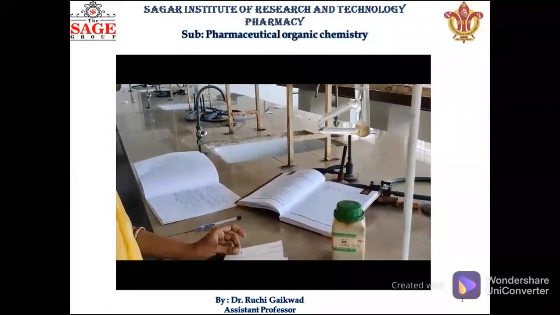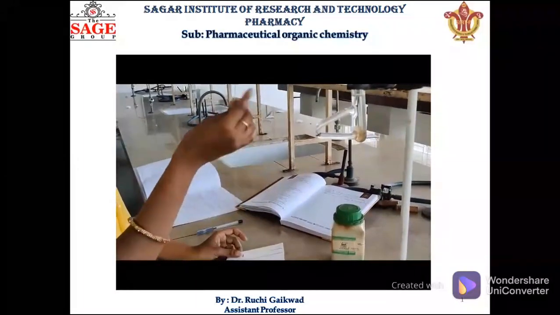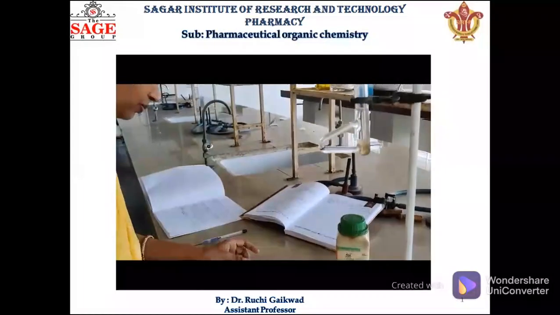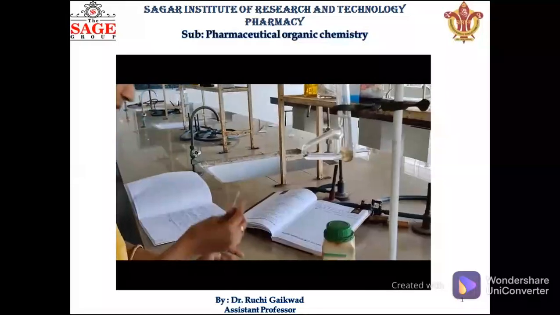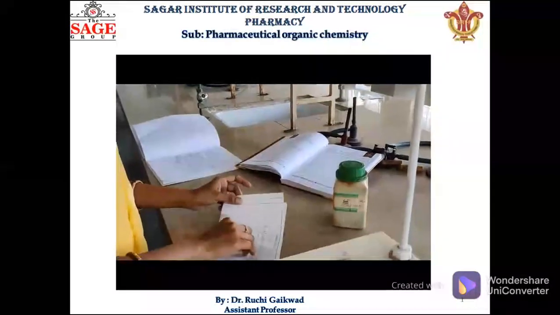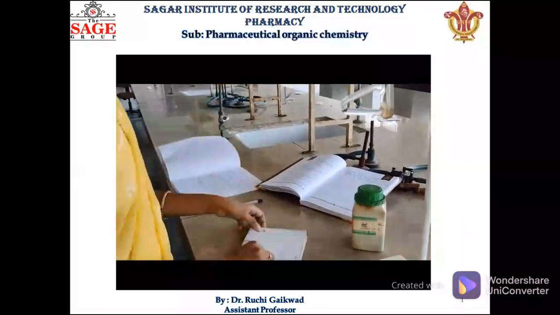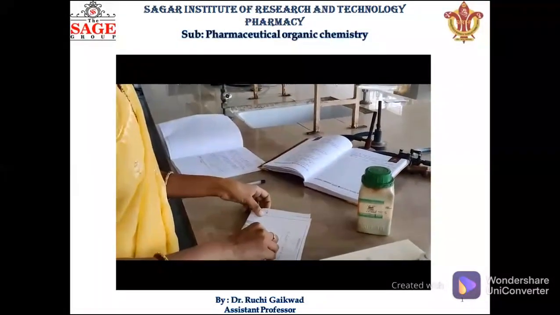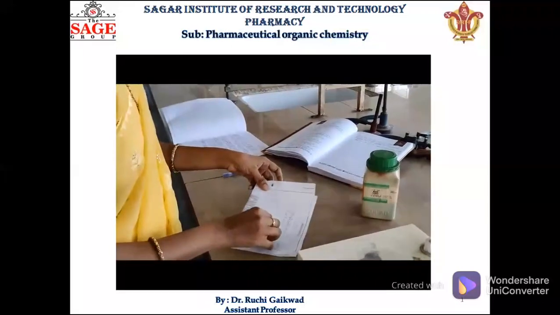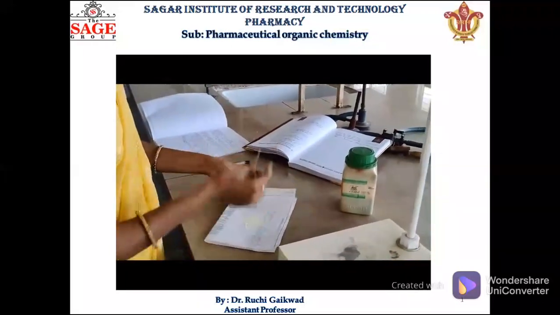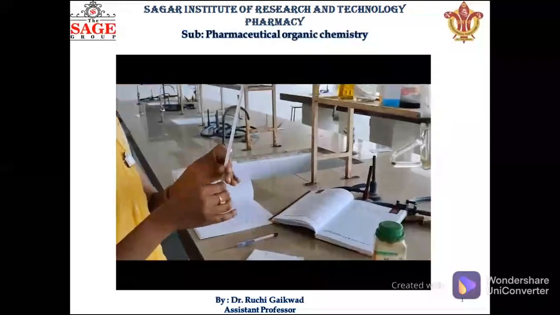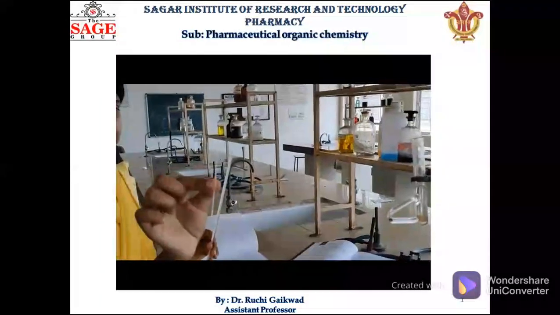About 1 centimeter of sample we have to fill in this capillary tube. Now filling this capillary. Now I have already filled this sample into the capillary tube.